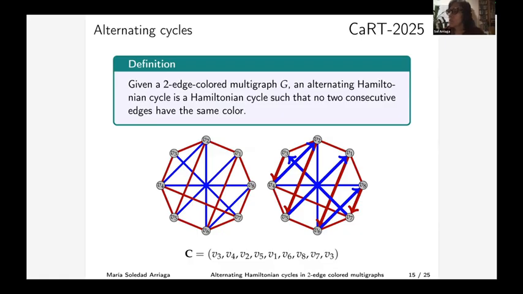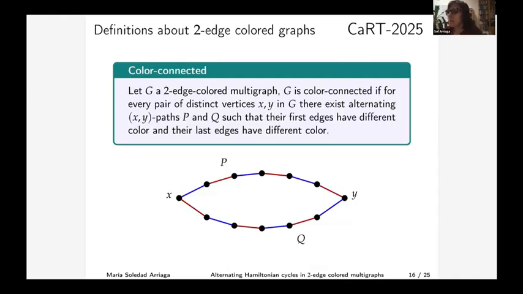Another one: given a two-edge colored multigraph G, an alternating Hamiltonian cycle is a Hamiltonian cycle, remember, a cycle that visits all the vertices, such that no two consecutive edges have the same color, like this: red, blue, red, blue, red, blue, red, etc. And finally, color connected.